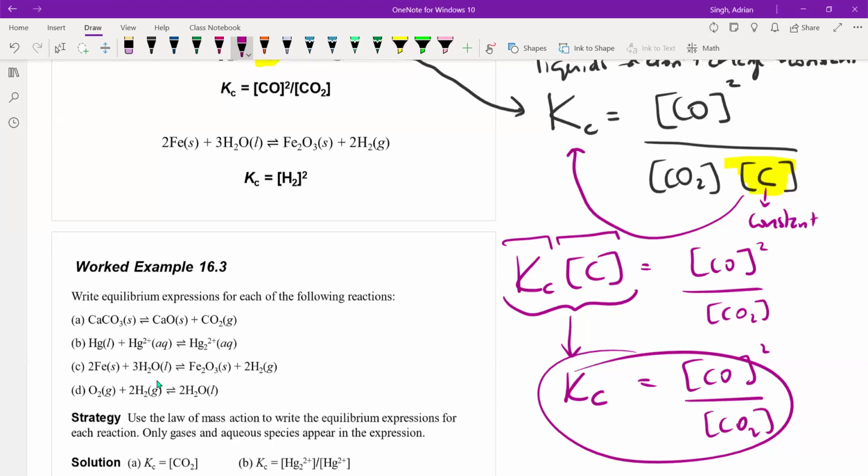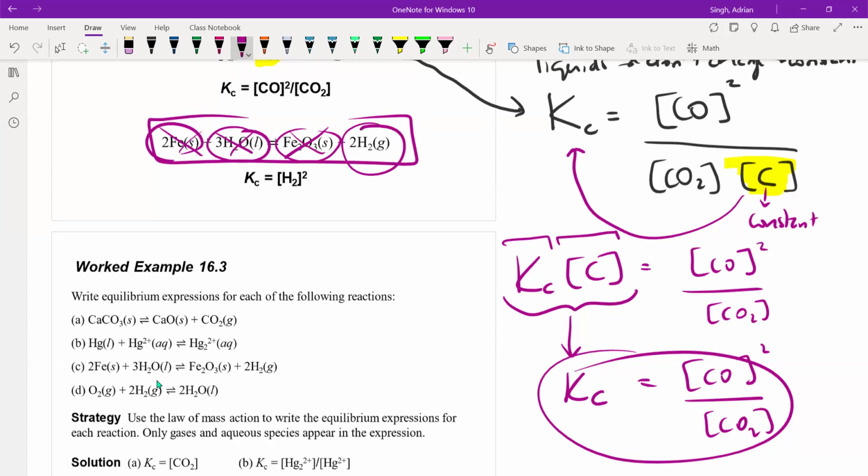So for instance, if you look at the second example down here, where we have a solid, a liquid, and a solid, these are not going to appear in the equilibrium expression. The only thing that would be present would be your H2 to the second power, because that's the coefficient. So it simplifies for that particular equation to Kc equals H2 squared.